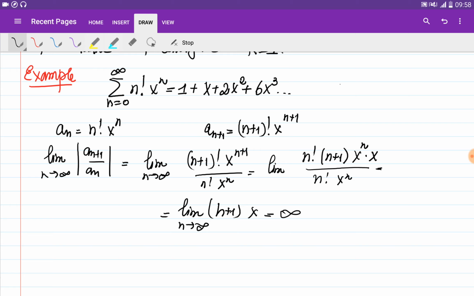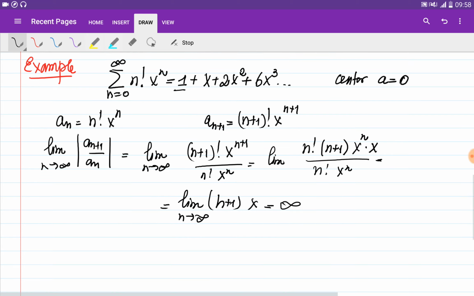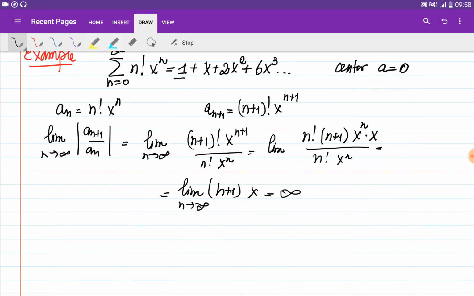And the center of the series, center a, is equal to 0. So where x is equal to 0, the first term of the series is equal to 1, right? As usual, it is equal to c0. So basically, this series is divergent, except for only one case, when x is equal to 0.